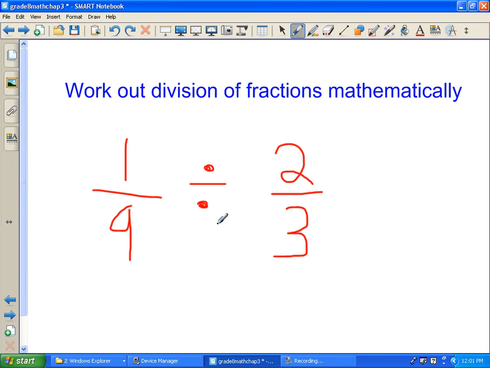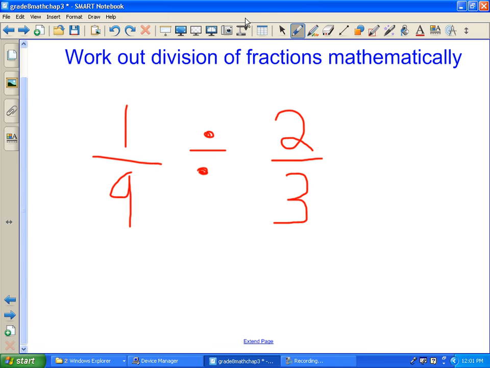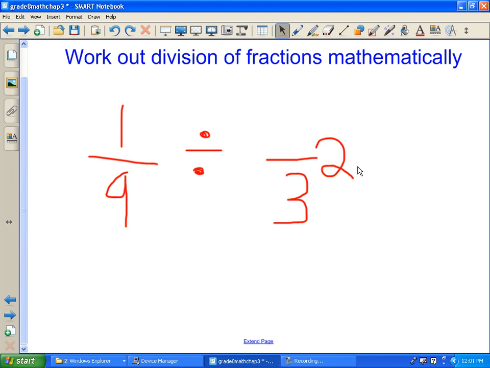Looking at the next one, we can work out the division of fractions mentally, so we never have to draw pictures if we are not required to do it. So remember, all we have to do is take our division problem and make it a multiplication problem by taking the reciprocal. So now I flip them around.